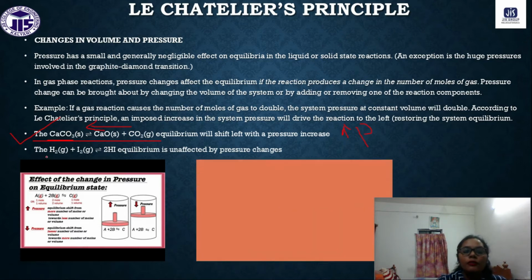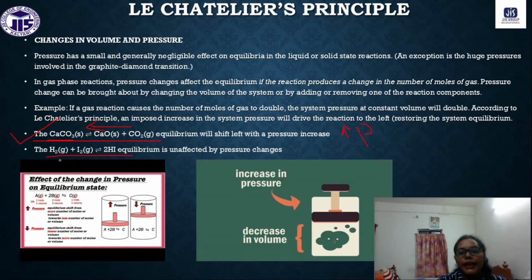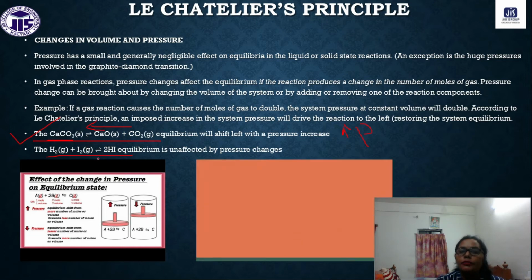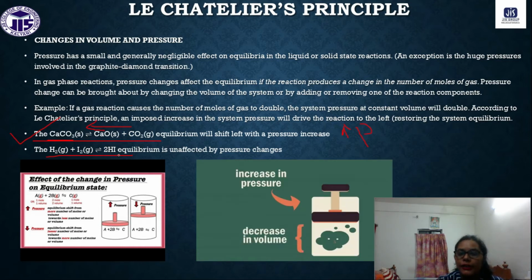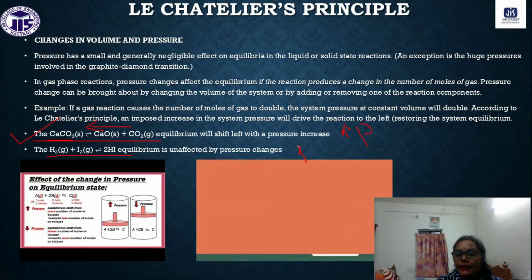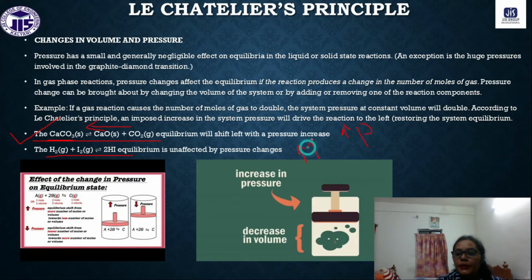Now for this reaction, what will happen? One molecule of hydrogen plus one molecule of iodine forms two molecules of hydrogen iodide. If we increase the pressure here also, what will happen? The volume is less, so fewer molecules must be there.